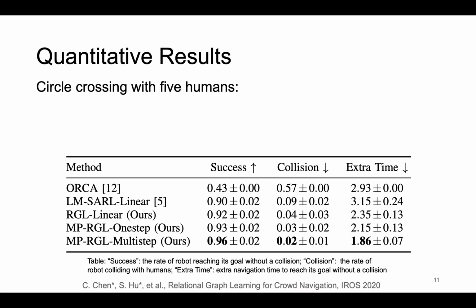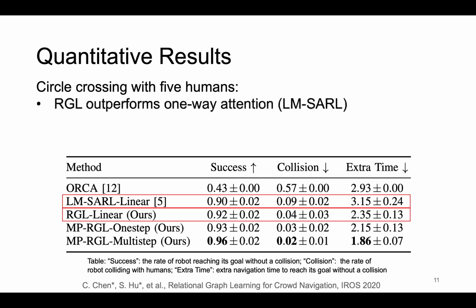We refer to our full model as MP-RGL multi-step and the ablation with one-step look-ahead as MP-RGL one-step. We also ablate the whole look-ahead component by using a linear function, indicated as RGL linear. Comparing RGL linear to LM-SARL linear, we see that our relational graph learning model outperforms the one-way attention by capturing high-order interactions among humans.